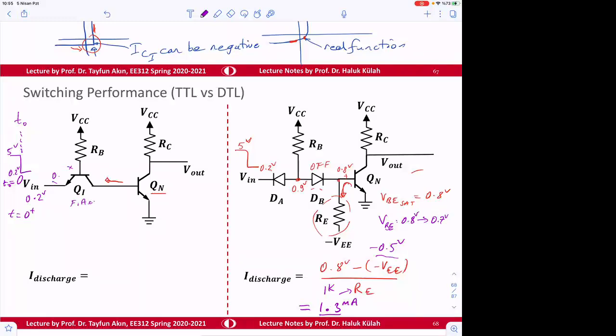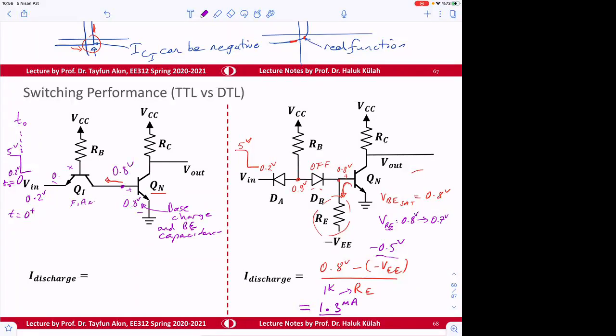Why? Because this voltage is going to remain at 0.8 volt, and then there's a capacitance here, the base charge, and base emitter capacitance. This voltage then is going to be 0.8 volt.